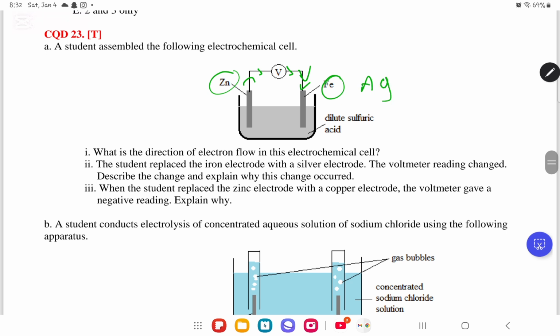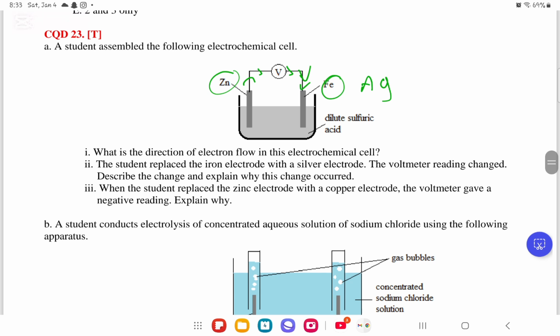The voltmeter reading changed. So again, looking at the electron potentials, we know that the difference between the electron potential of Ag and Zn, compared to Fe and Zn, is way higher, so that's why there is a change in the voltmeter reading.